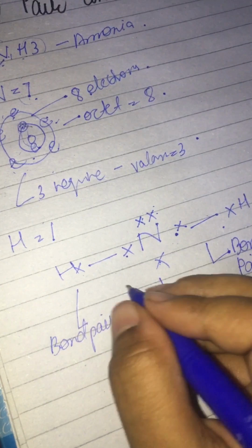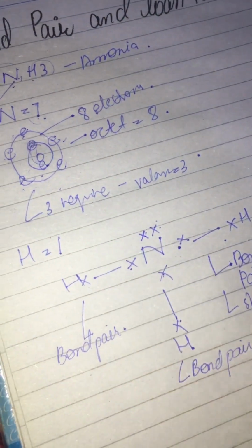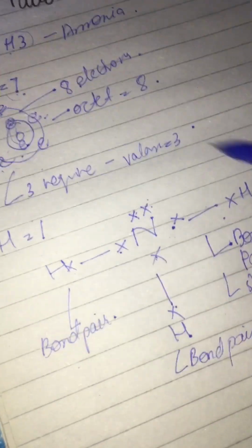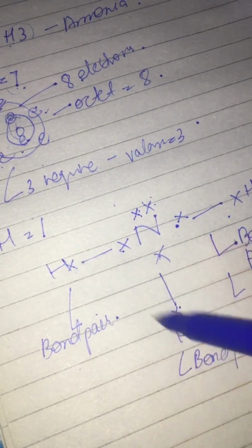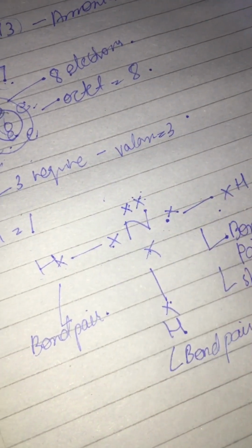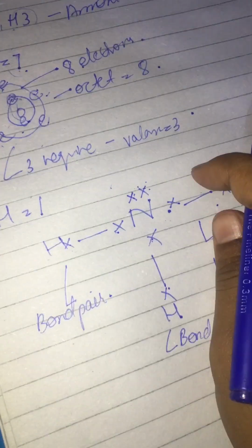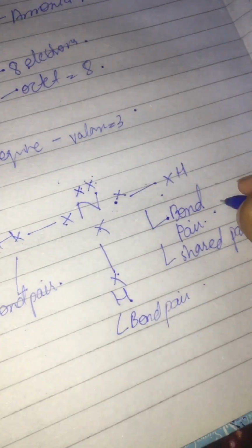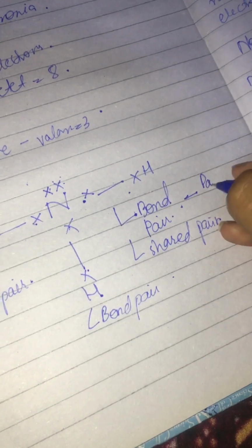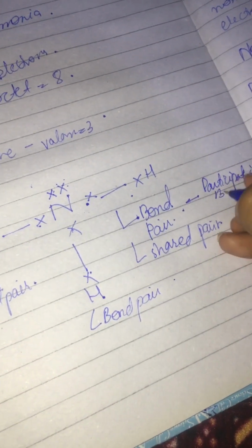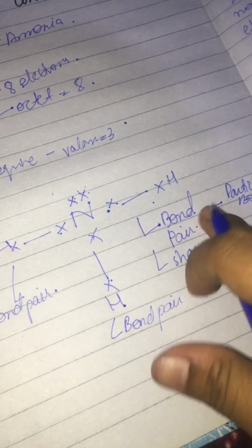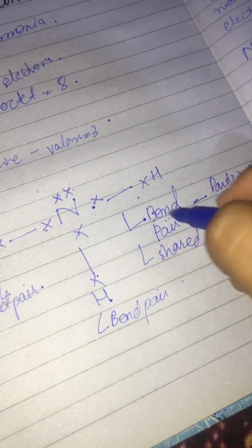Now let's have a look at what exactly that tells. If we count 1 2 3 4 5 6 7 8, the octet has been completed. Now let's move towards the definition. The one that participates in making a bond is known as a bond pair.